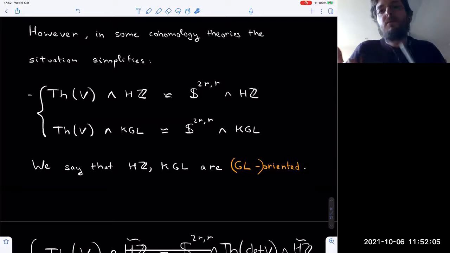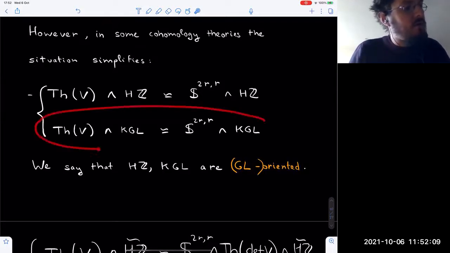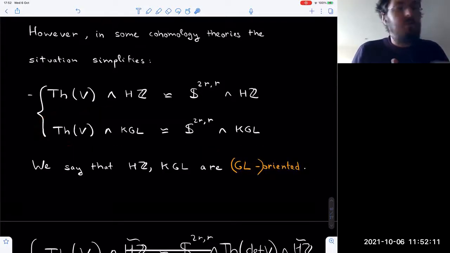They are all the same as the Thom space of the trivial bundle, and the same holds for KGL, for homotopy invariant algebraic K theory. And we say that these two theories, motivic cohomology and algebraic K theory, are oriented or GL-oriented.